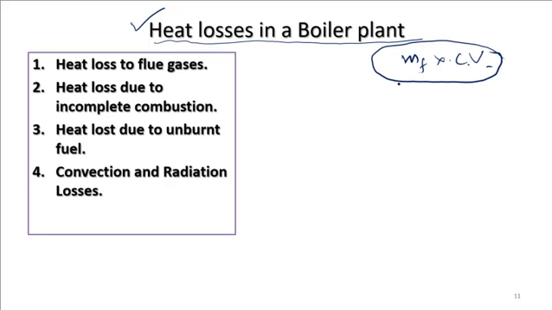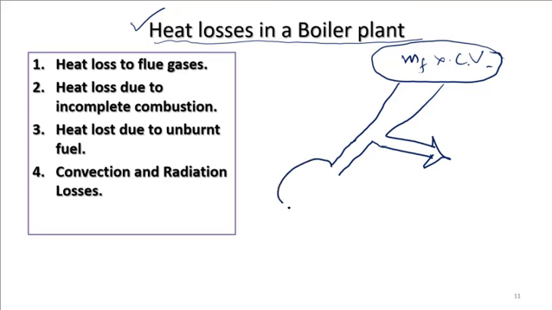So from this quantity, a part is lost to the environment and less will go to the boiler. So say 100% is the amount of heat produced by burning fuel. Say there is 20% loss and 80% heat goes to the boiler. That means this much is the amount of heat absorbed by the steam.